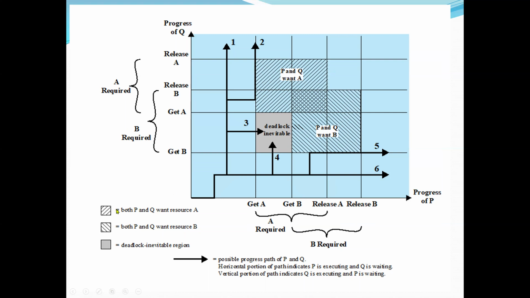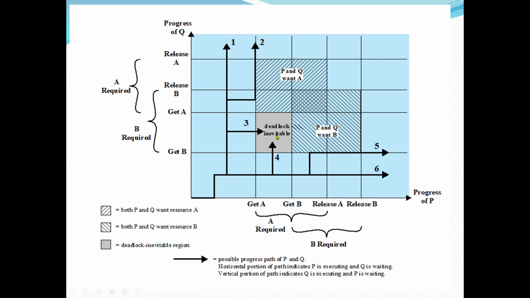The first diagram shows both P and Q want resource A at the same time. And in this section, P and Q also want resource B at the same time.